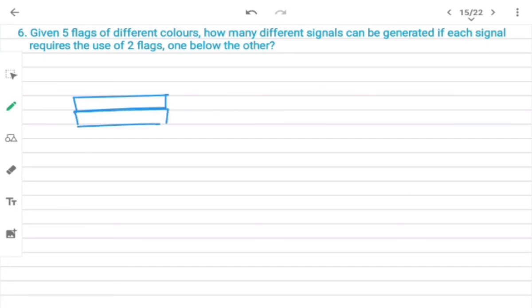We have totally 5 flags. So in the first place I have 5 options. In the second place I have only 4 options. Therefore 5 into 4, which is 20 ways.